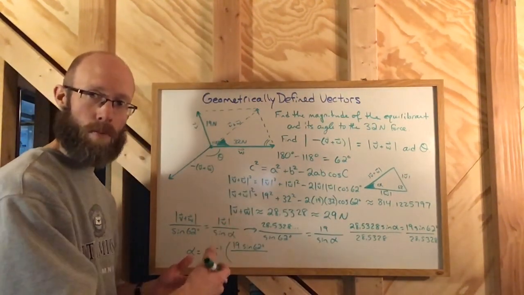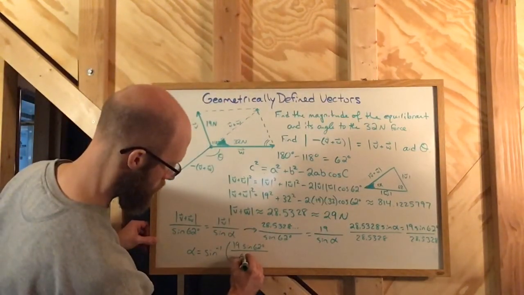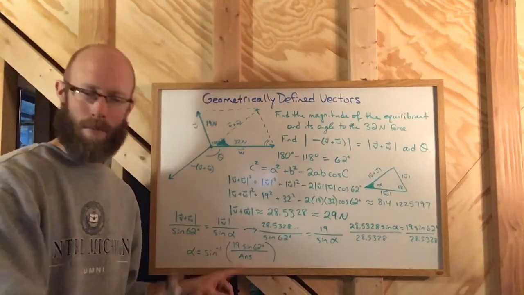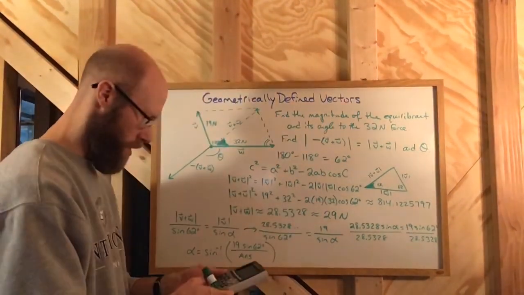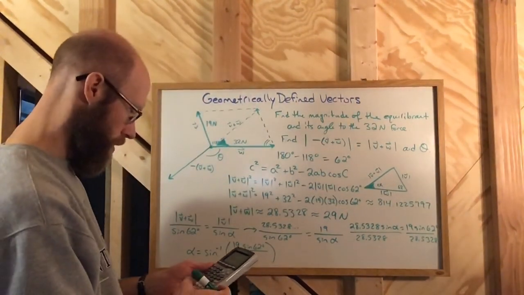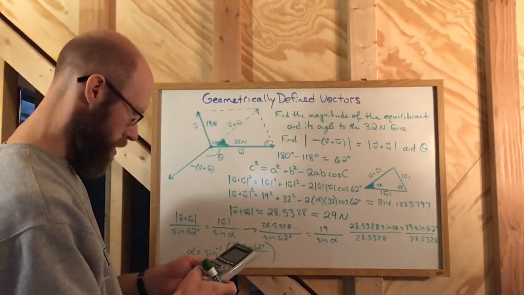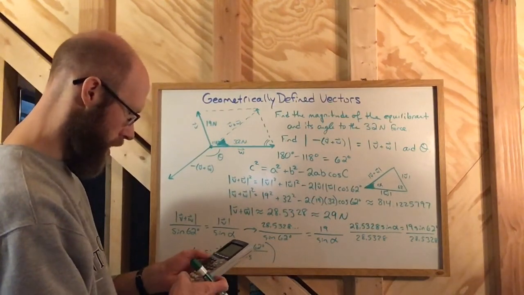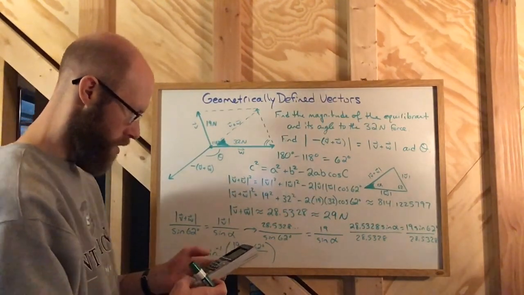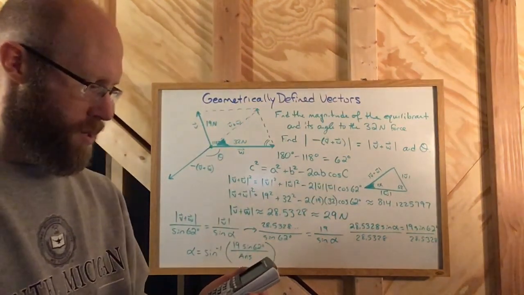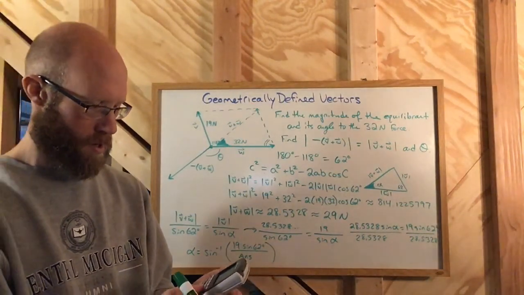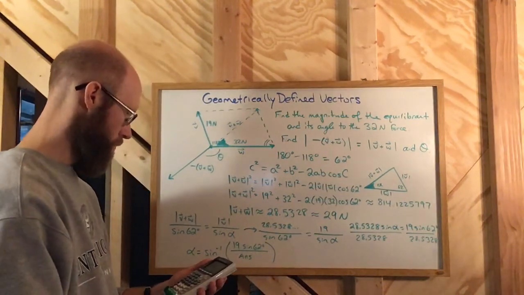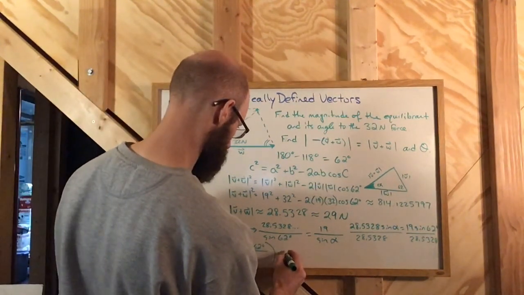Because I still have that stored in my previous answer, I'm going to use the ANS key on my calculator. So I'm going to say inverse sine of 19 sine 62 divided by the answer. And there it is. Almost exactly 36.